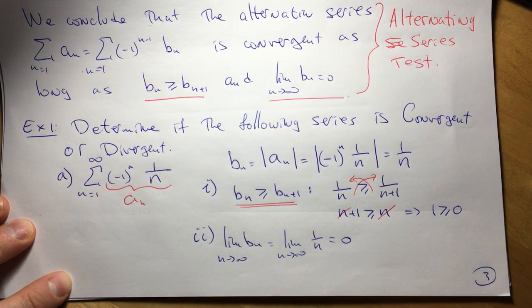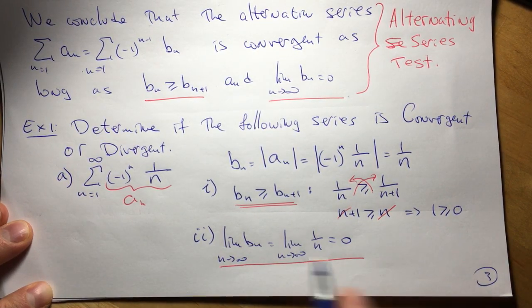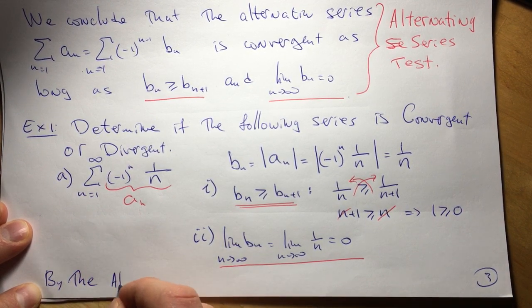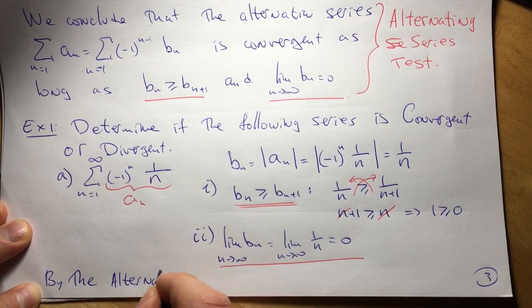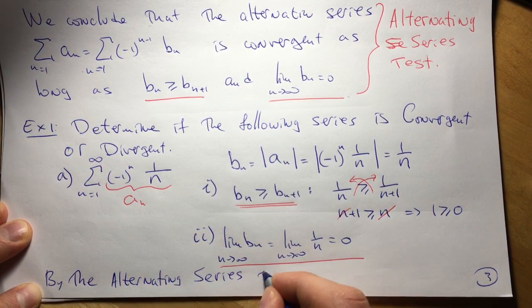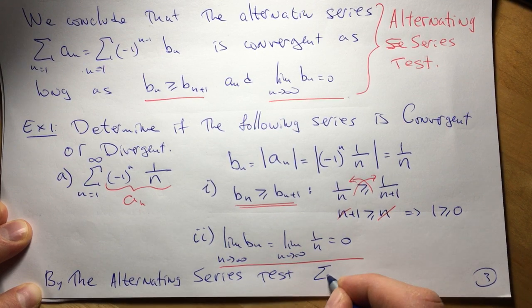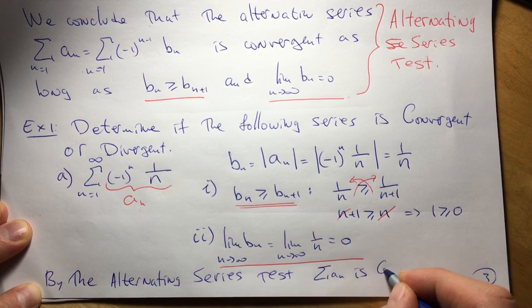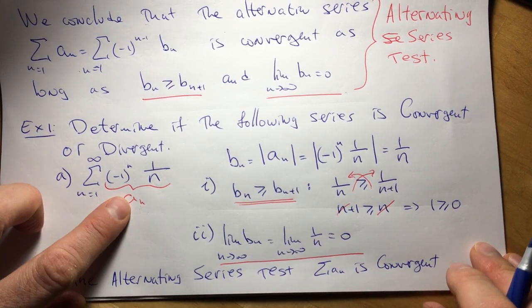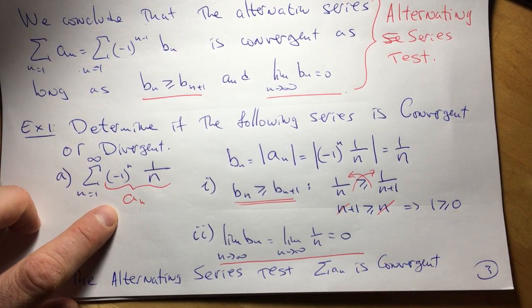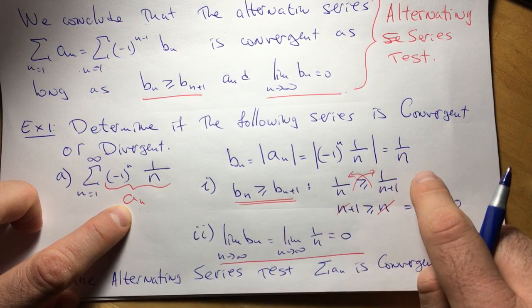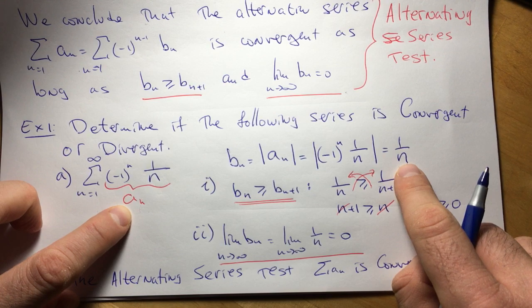They're satisfied, right? So now you can just write, by the alternating series test, our sum is convergent. Be careful. We learned that the sum of the absolute value of An, which is nothing but the sum of Bn, is divergent.